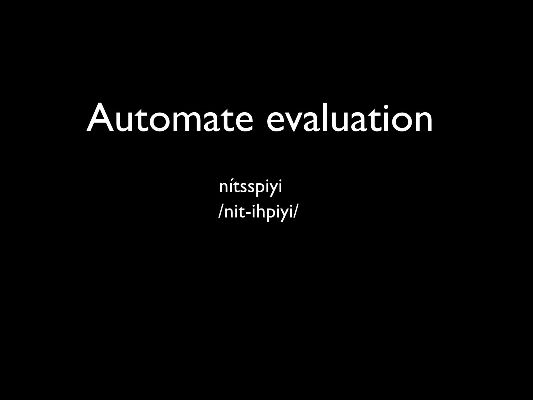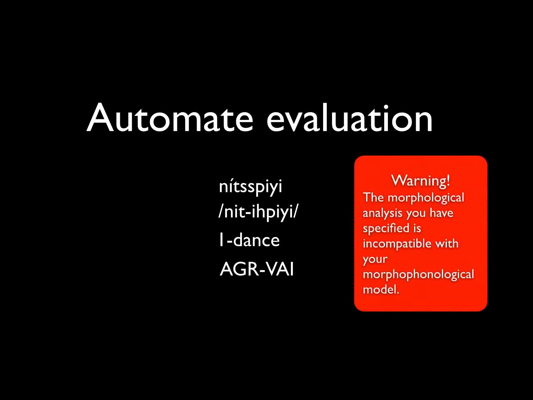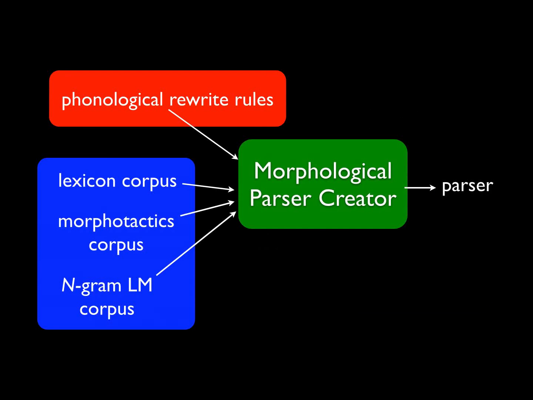On the other hand, if I do manually enter a morphological analysis, I want the system to tell me if it is incompatible with models I have specified. More generally, I want a tool that can identify all data points that are incompatible with certain models. Obviously, this would be useful for linguistic analysis. The morphological parser creator is a function that takes as input an ordered set of phonological rewrite rules in 3 corpora and returns as output a morphological parser.